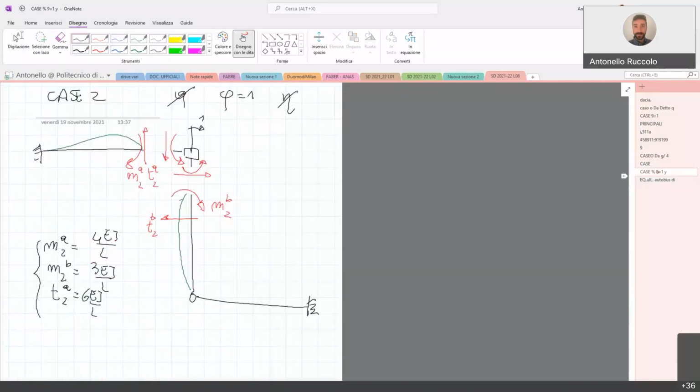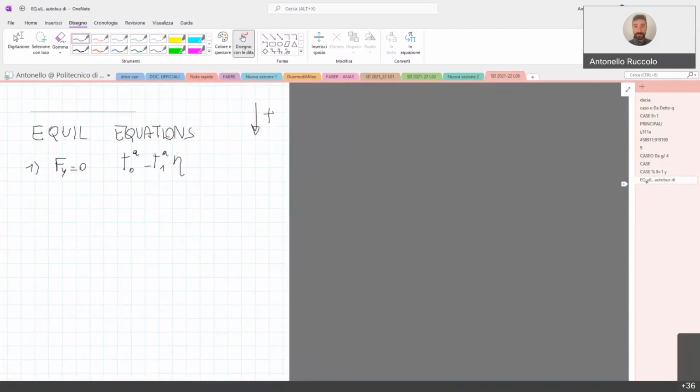Then, case 2, here we have, again, downward T2A times P, and it is equal to 0.